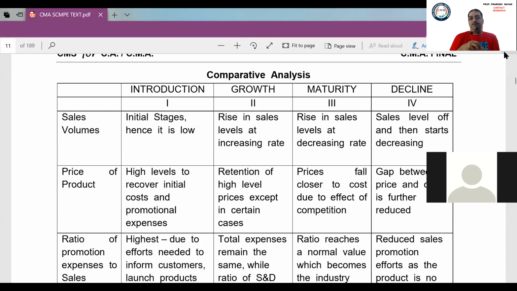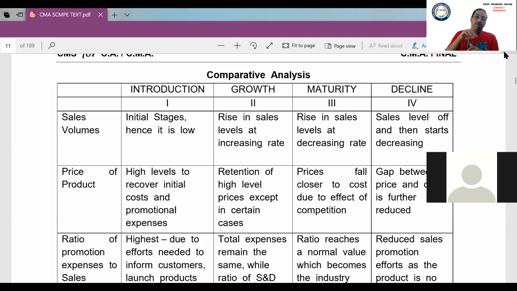So, I say that in the initial stage, the price is very high. Then I try to maintain whatever price I've charged. In certain cases, if more and more people are entering the market, I will try to slowly reduce the price. In the maturity stage, I will have to reduce the price further because there are more suppliers and more competition in the market.